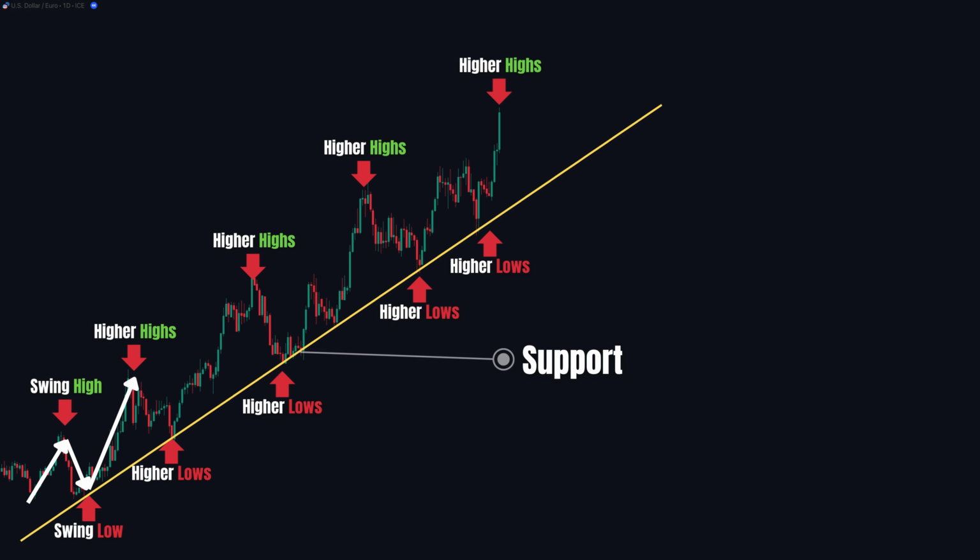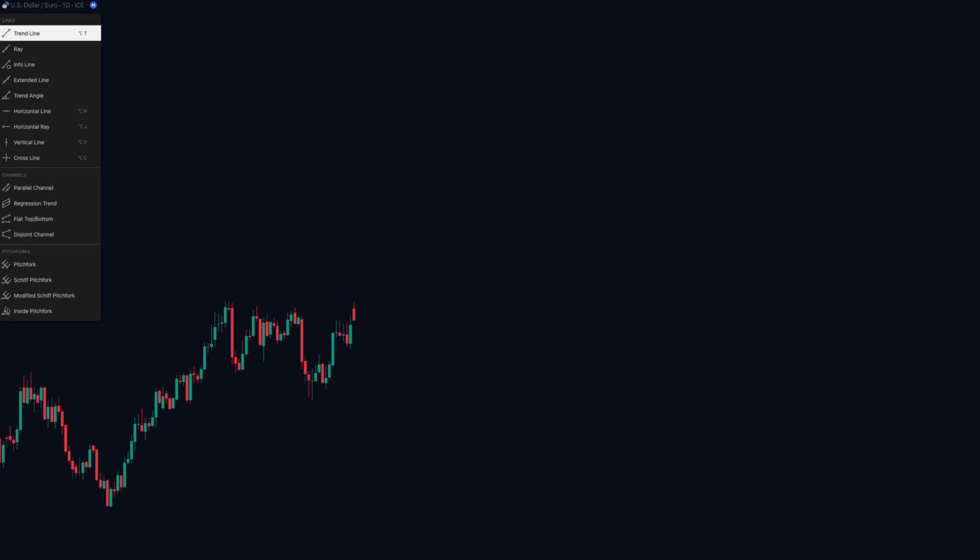But here's something important. Real markets aren't always this clean. Price doesn't move in perfect waves, and trend lines won't always look exact. Still, this structure helps us understand how price moves and where to look for trades. So, why do we draw trend lines at all? There are 2 big reasons. First, trend lines act like support and resistance.